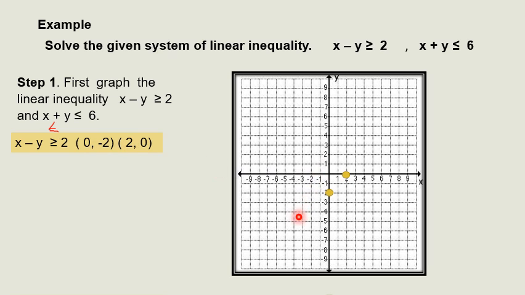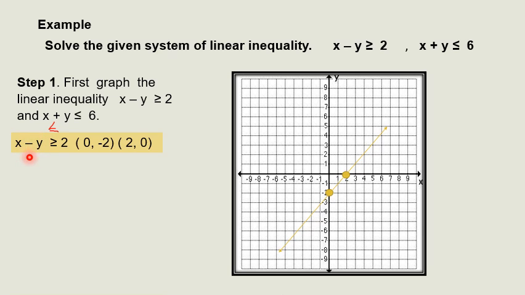Now, since the inequality symbol is greater than or equal to or less than or equal to, you are going to use a solid line. So do not forget the solid line. And how about the shading? Take note, we interchange the symbol, so it becomes less than or equal to. Why do we need to interchange the symbol again? Because of the y.